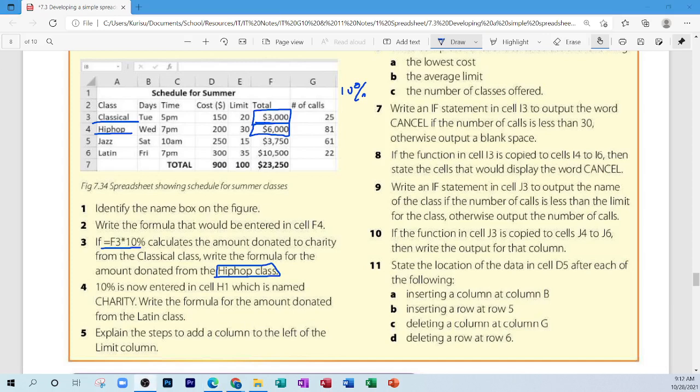What happens when you copy a formula that uses cells?